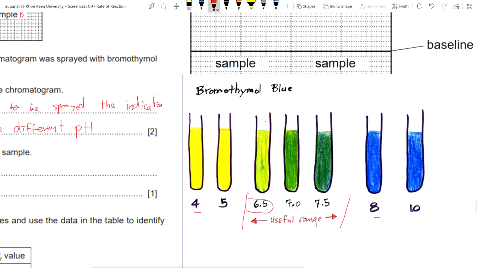If the pH is 6.5, the solution will be green-yellow. If the pH of the solution is 7.5 or above, the solution will turn blue-green, right? So then we can separate or distinguish the samples.